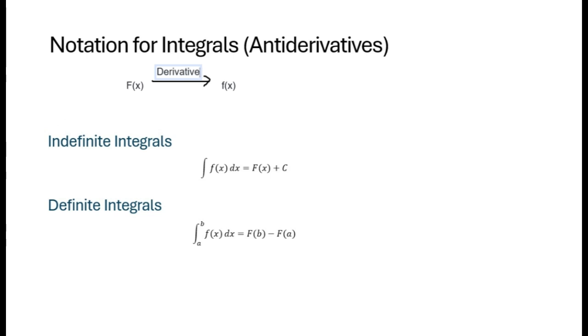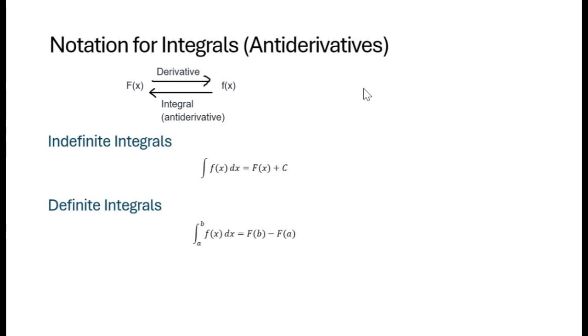But if we go in the opposite direction, from the lowercase f to get to the uppercase F, we're going to do the integral, which is also known as the antiderivative. So this shows that we can go back and forth between them. And from now on, we're just going to call them integrals, not antiderivatives.